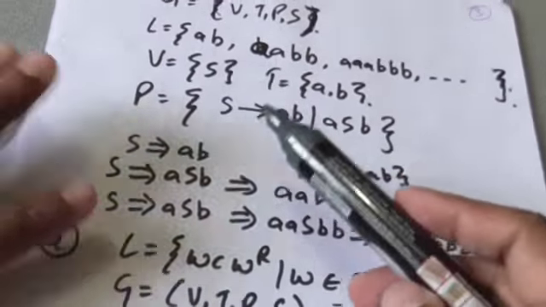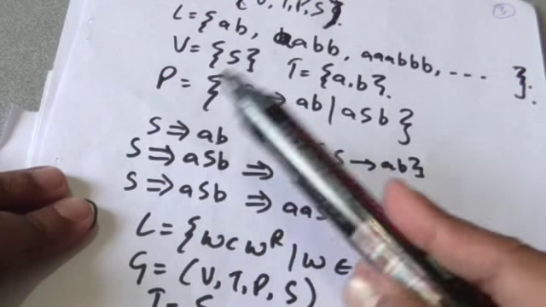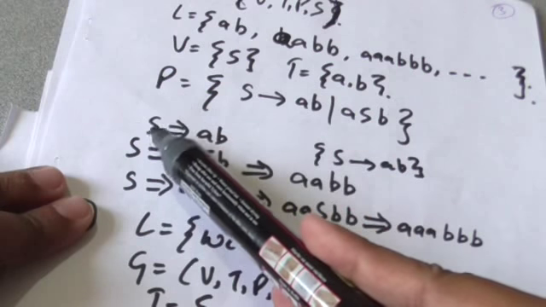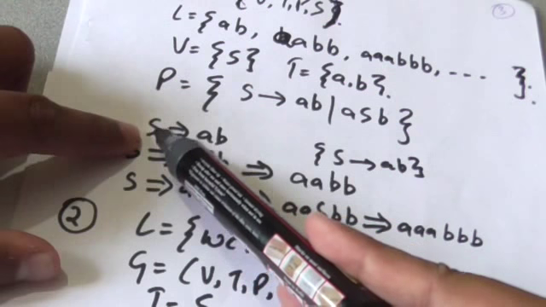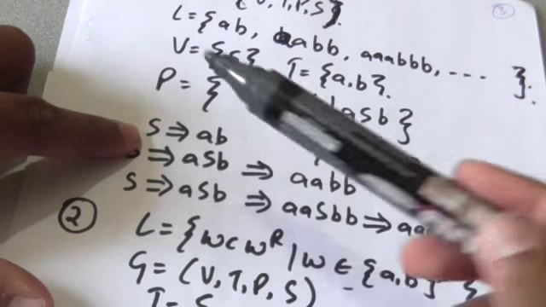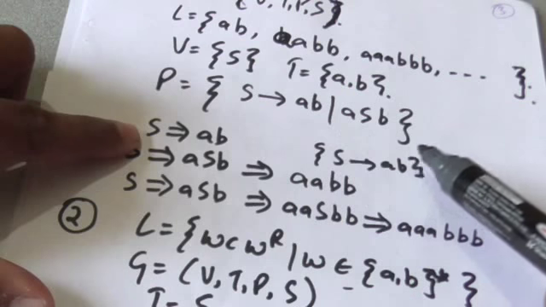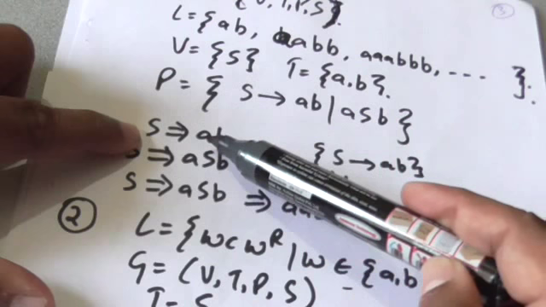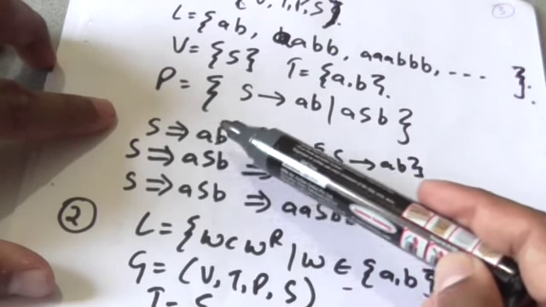So it is the derivation of the string AB. Whenever we start a derivation, we start from start symbol S. So we have started from start symbol S, and there is a production S derives AB. So here we have replaced S by AB, right?